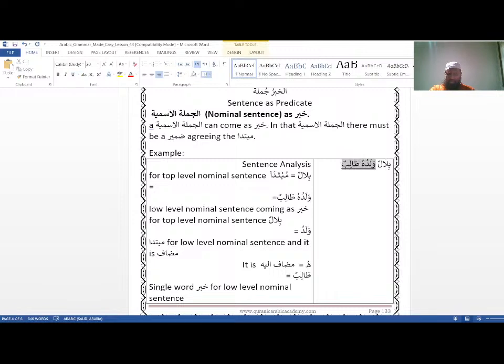So we are learning the types of khabar. The khabar can be mufrad, khabar can be murakkab naqis, a phrase. Khabar also can be a jumla. In our case, this is jumla ismiya, starting with ism.